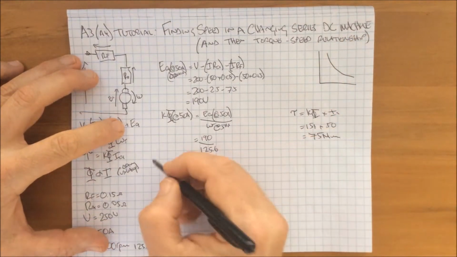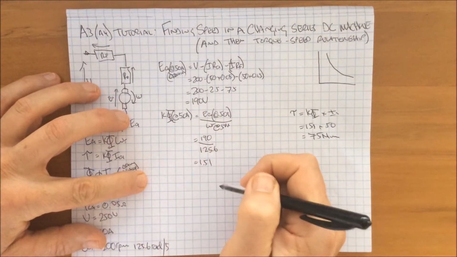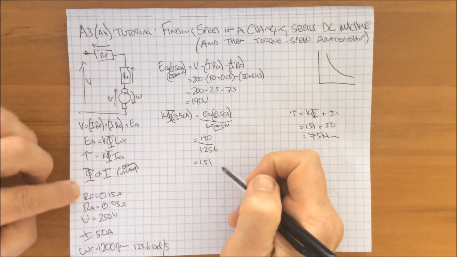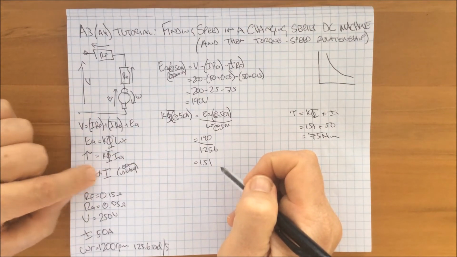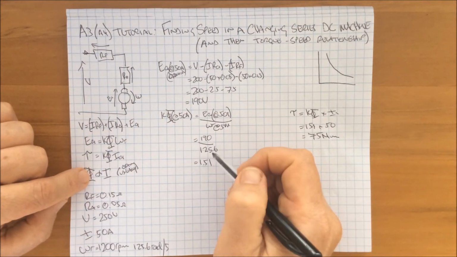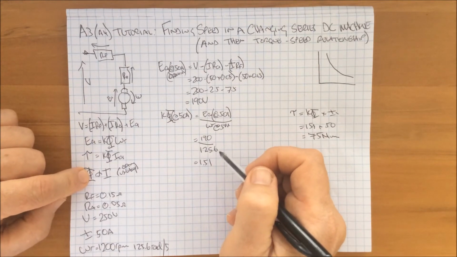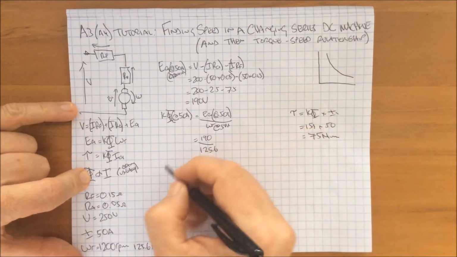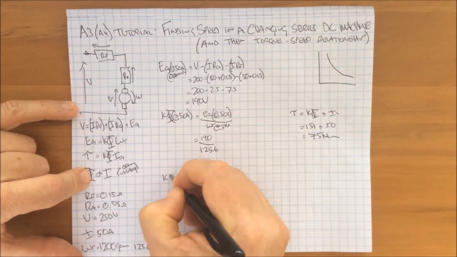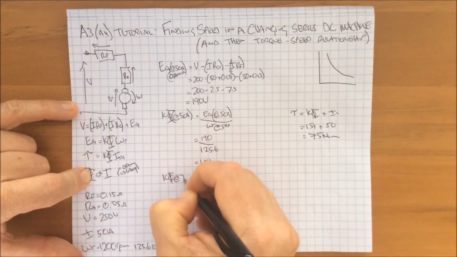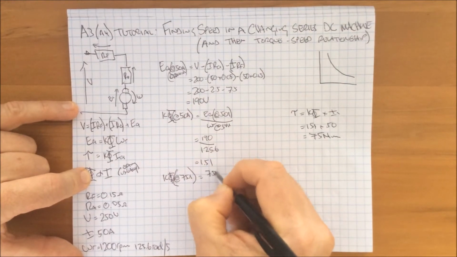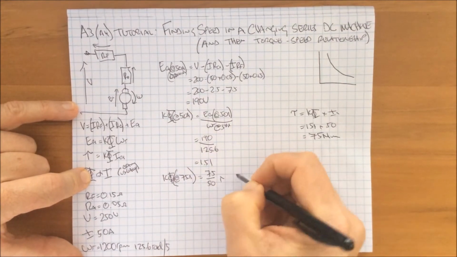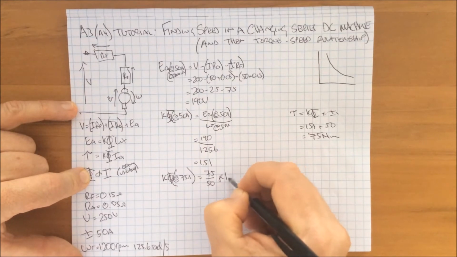Now, if we change it to 75 amps, we know that the flux is proportional to current. So if we increase the current to 75 amps, that's 1.5 times. So it's pretty simple to know that the K phi at 75 amps will be our ratio of our currents times our old K phi.